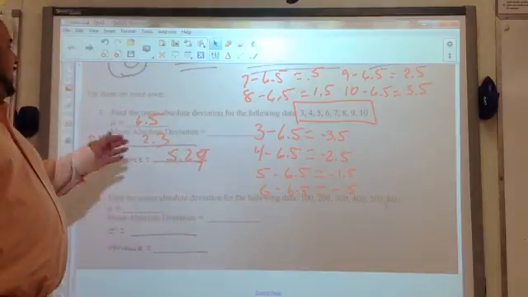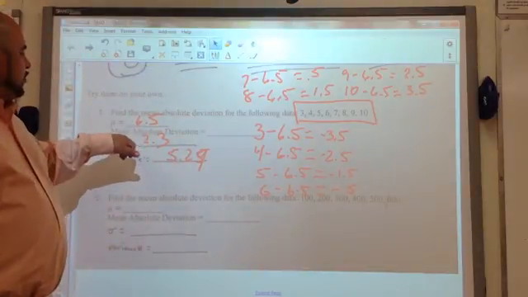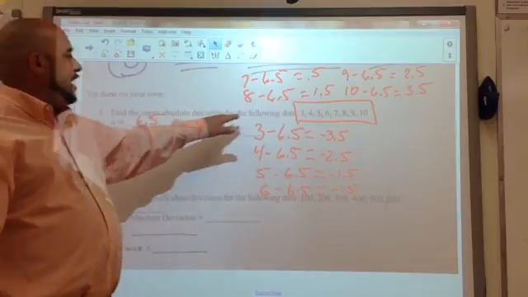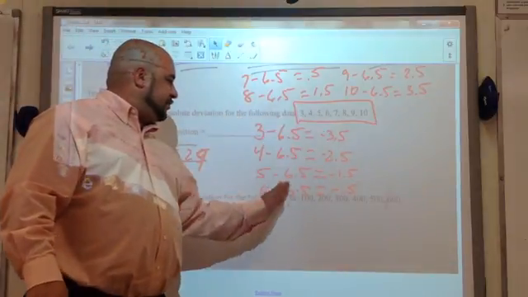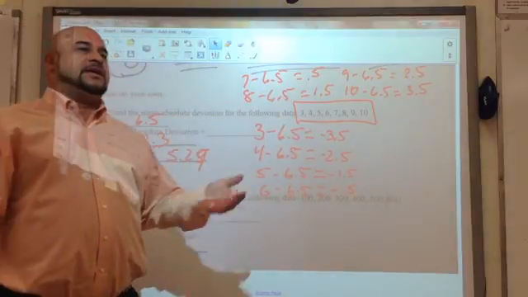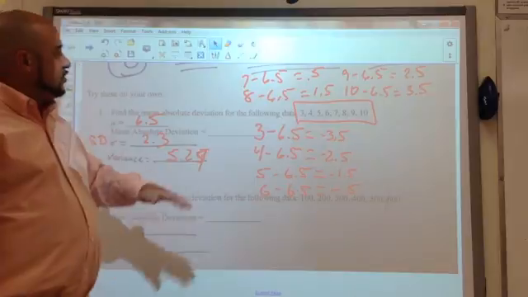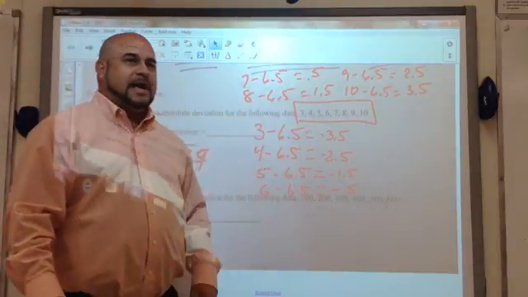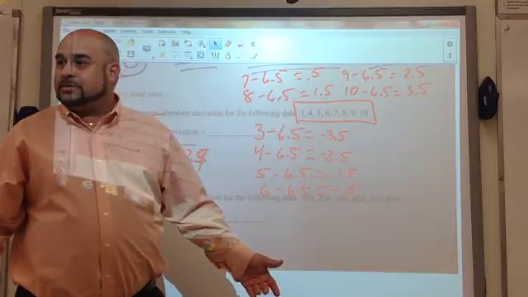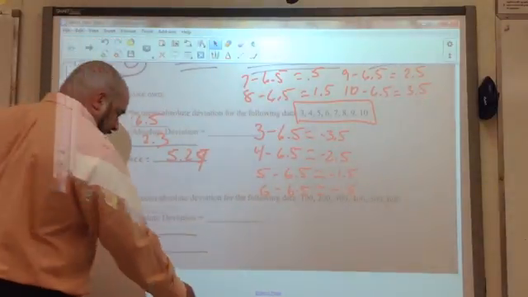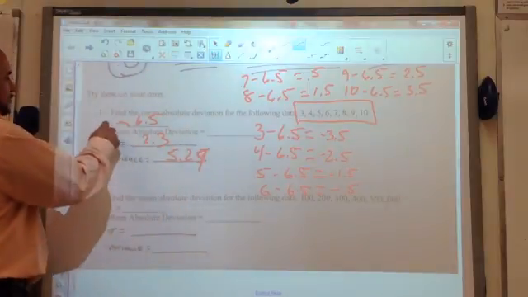Now again, we're doing the mean absolute deviation. So we took every data value and we subtracted it from the mean. That's where the deviation comes in. Now we have to do the absolute value. So every number that is negative, what are the absolute values of those numbers? The positives, right? Very good. And so now you're going to find the mean of those.